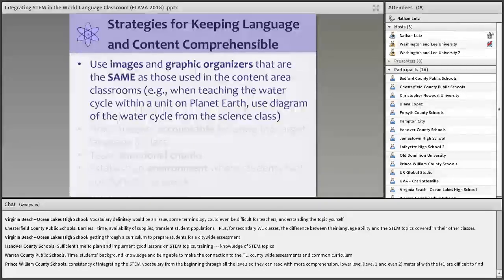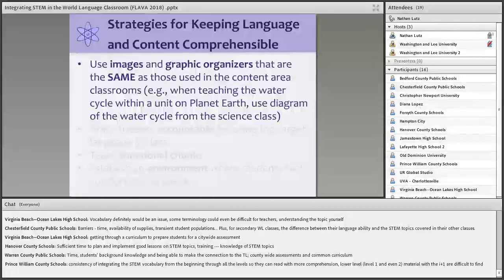So I'd mentioned using images. What I think is really important for us is to use the images and the graphic organizers that are the same as those that are used in the content area classrooms. So an example that I can think of is that when we're teaching the water cycle, perhaps in a unit that we're doing on water on the planet Earth, you would use a similar diagram of the water cycle from the science classroom.